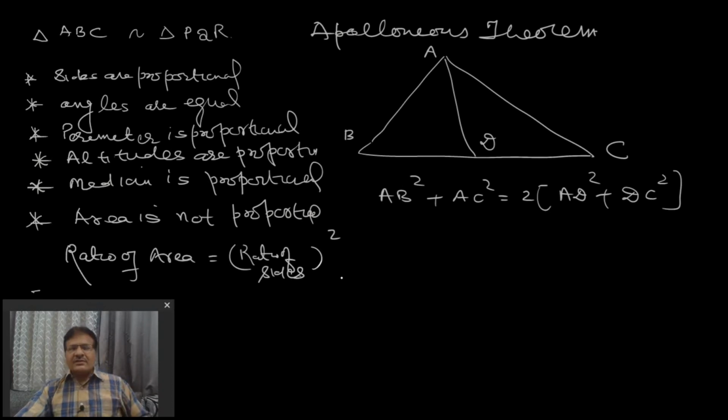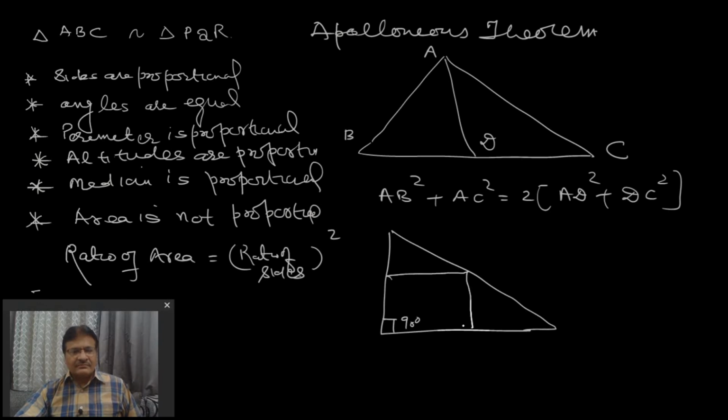Now we take some problems related to the theory of similar triangles again. Suppose this is a right angle triangle, and this angle is 90 degrees. Now there is a square.